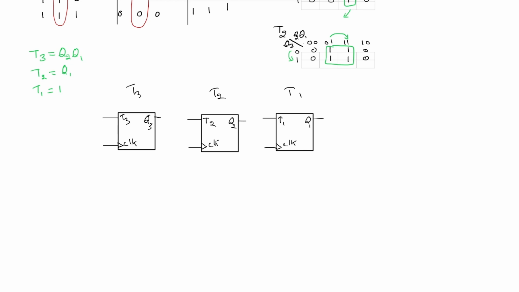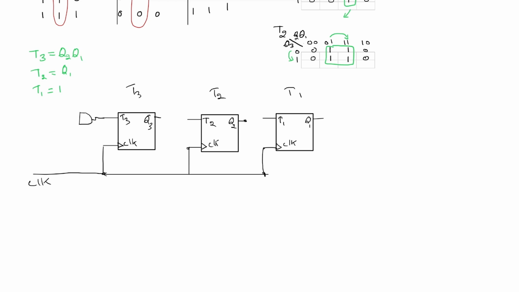Since we're designing a synchronous circuit, all the clocks are connected to a common clock input. T3 is equal to Q2 times Q1. For times, we need an AND gate. The output is T3. And then we need Q2 multiplied by Q1.